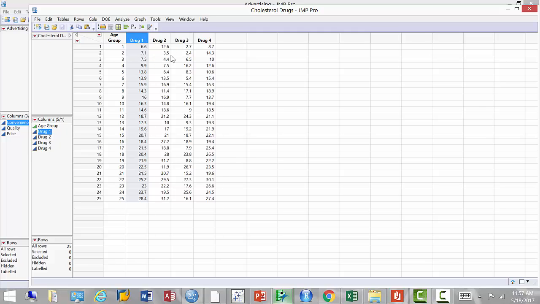So, in other words, this number 6.6, this number 12.6, 2.7, and 8.7, they have something in common. Even though these correspond to different drugs, what was in common between them? They were taken by people who have, well, that's given, that's for all of them, right? They all have high cholesterol. But what's so special about these 4 gentlemen in line number 1?